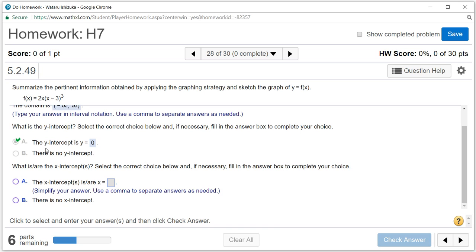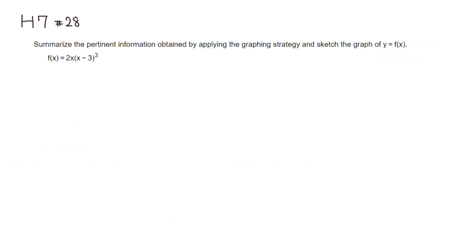What are the x-intercepts? In order to find the x-intercept, we set y equal to 0. If you set this equal to 0, we can make x equal to 0, or we can make x minus 3 equal to 0, which means x equals 3.